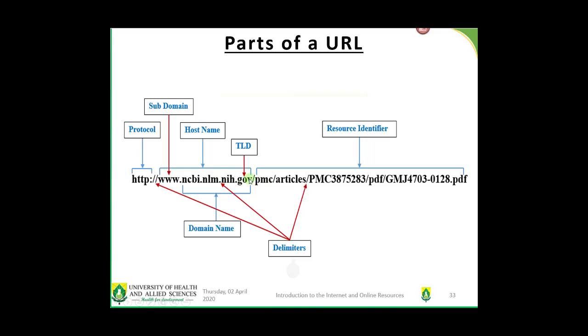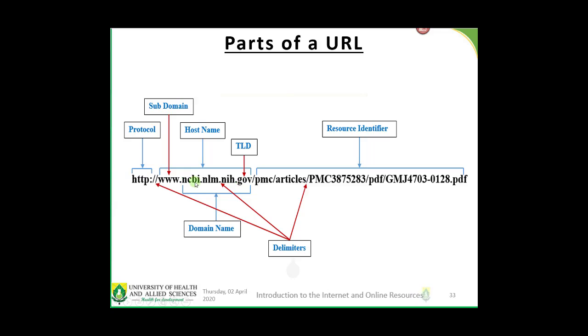Now, the difference between the host and the domain. The domain here is the owner, the actual owner who owns this particular name. That is the NCBI. But when we say host, we are looking at what type of server it is in connection with the owner. So it's a www or the web server of NCBI.